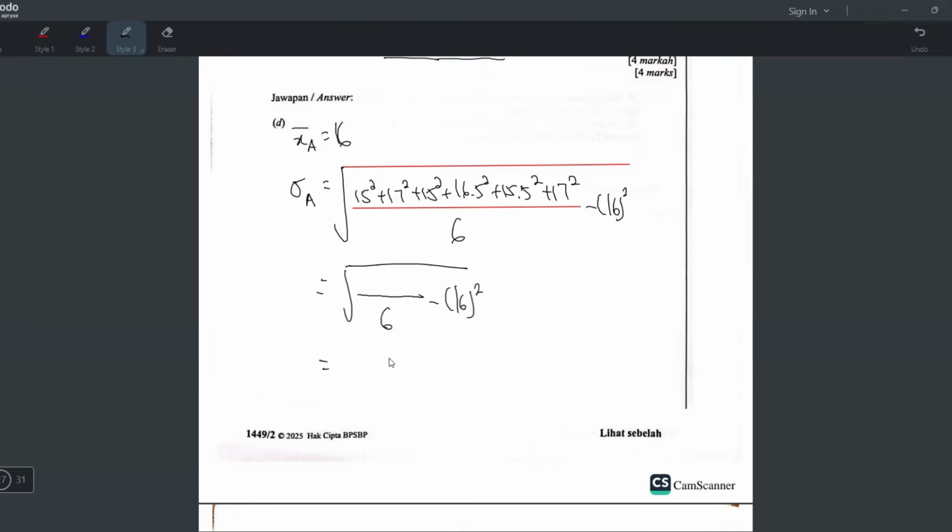My calculator gives me 1540.5. This is not the answer, just the top sum. Now I press the whole thing: answer divide 6 minus 16 square, then square root the answer. I get 0.8660, in 4 significant figures, so 0.8660 is the standard deviation.